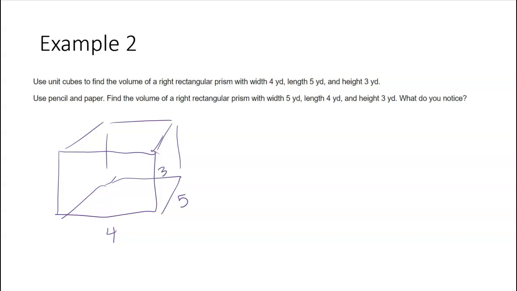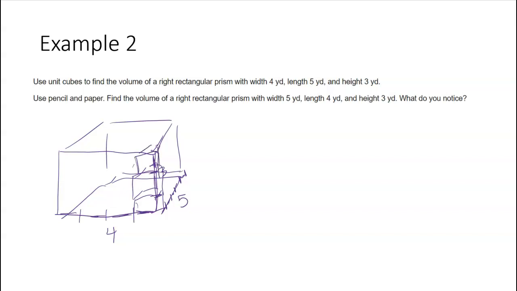So what this is saying is how many cubics can I fit in here? I should have made it a little bit longer. So here would be like a cube. Like how many cubes can I fit in it?